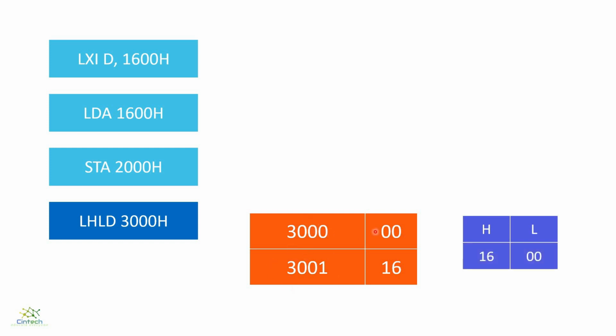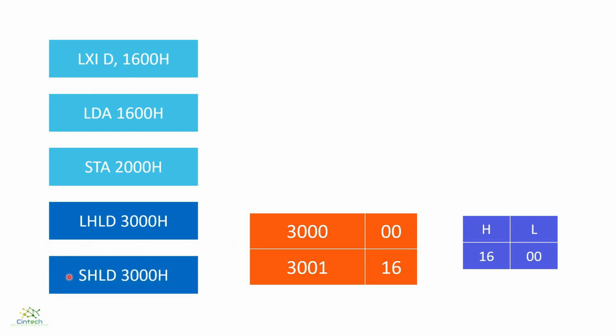That is, the content of 3000, the lower address, is written in the L register, and the content of the higher memory location is stored in the H register. I suppose that is why the registers are called H and L. That signifies simply high and low. H carries the higher byte and L carries the lower byte.